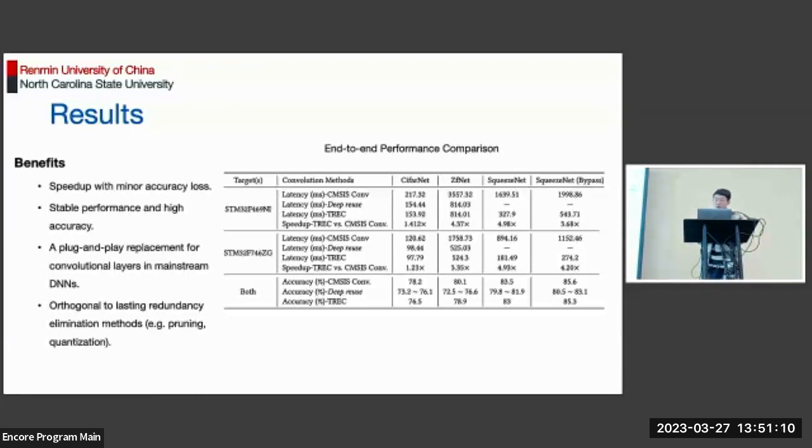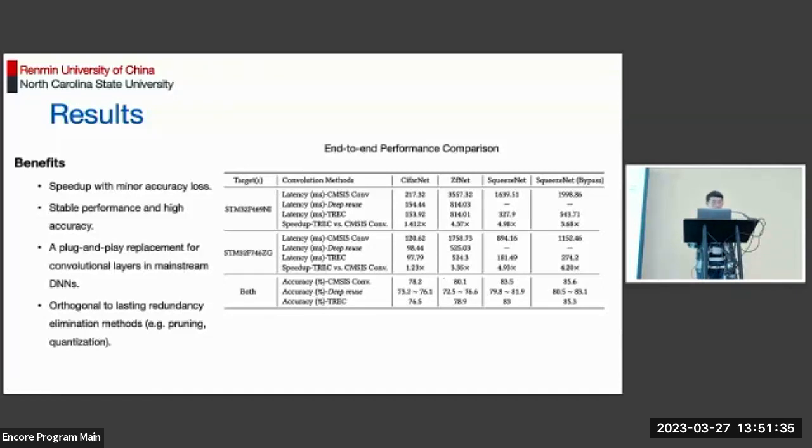Compared to conventional DNNs, we have better speedups, and compared with the deep reuse method that inspired our work, we have better accuracy performance. In fact, it's a more stable accuracy performance.